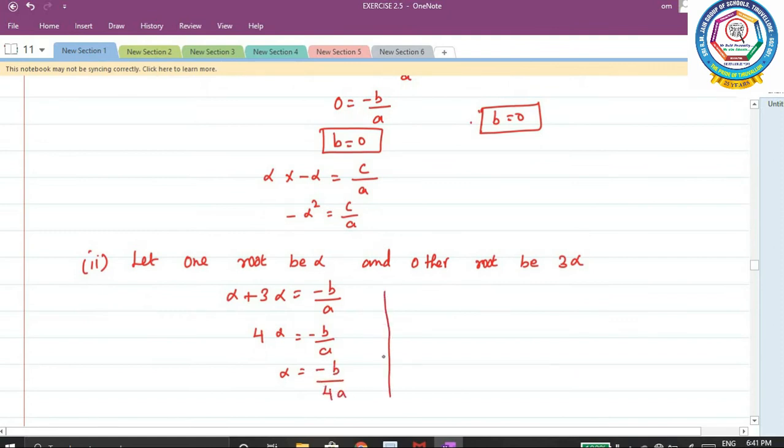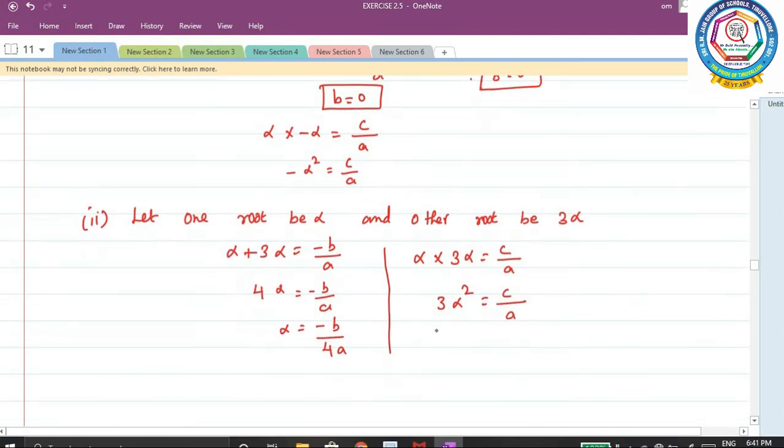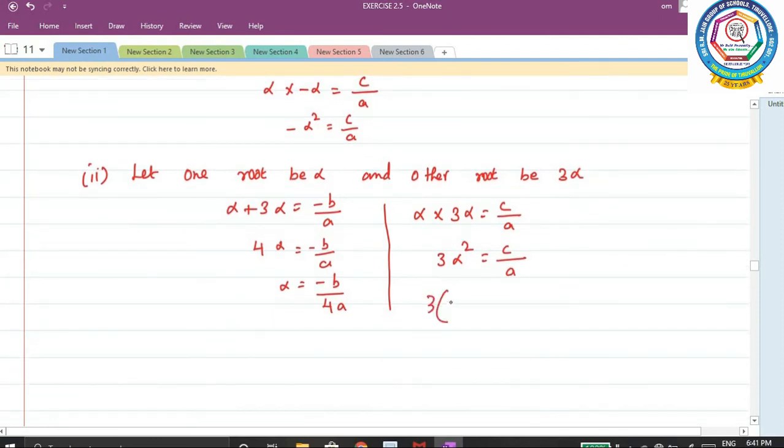Next we have to find the product of these roots. Alpha into 3 alpha is equal to c by a. So 3 alpha square equal to c by a. We got the alpha value. Now we have to substitute: 3 into minus b by 4a the whole square equal to c by a.